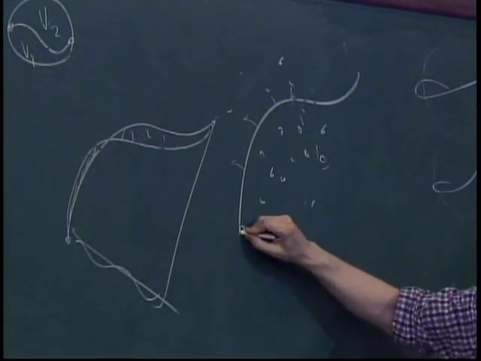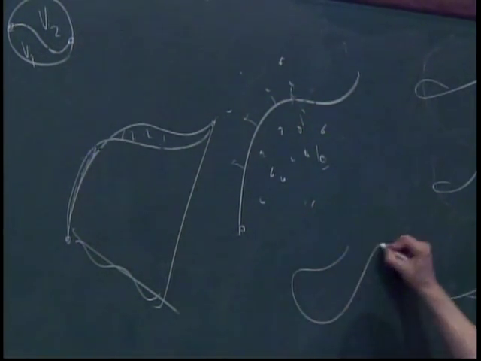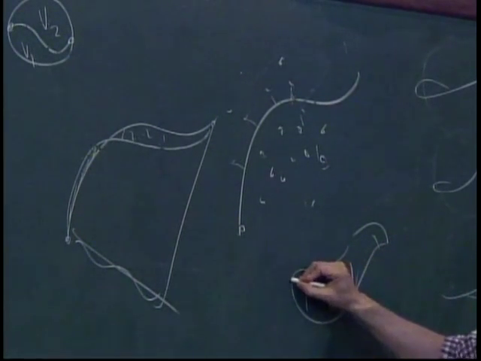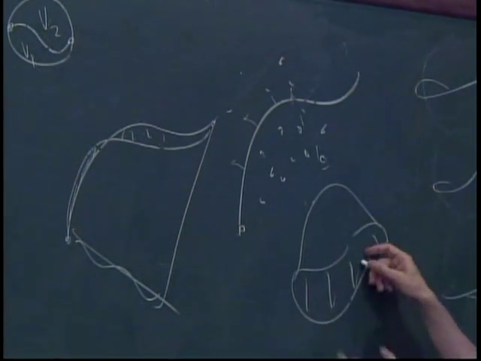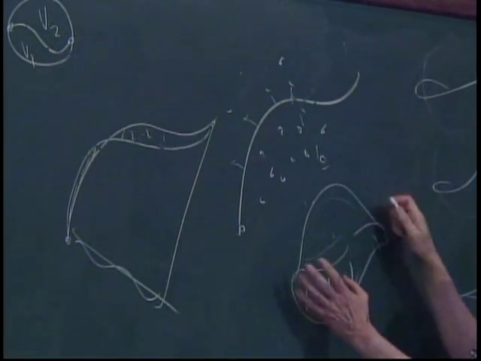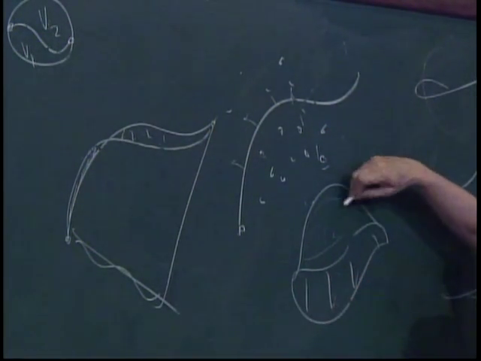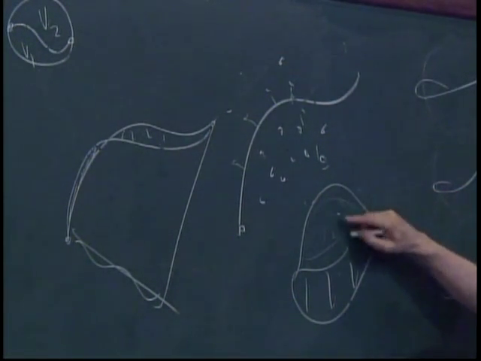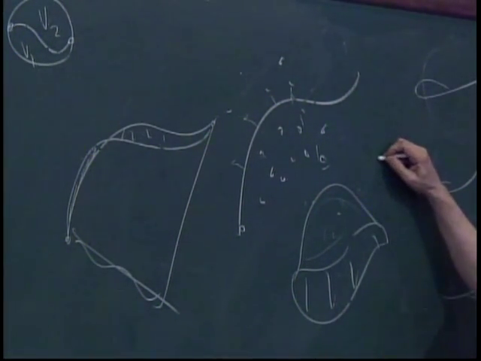So if, for example, you have a piece of plastic and you put it in soapy water, and you put a bubble in here, then this surface will have more pressure in it than it will have outside.